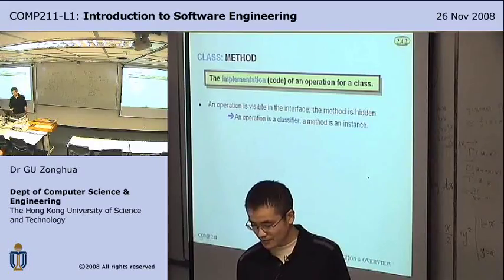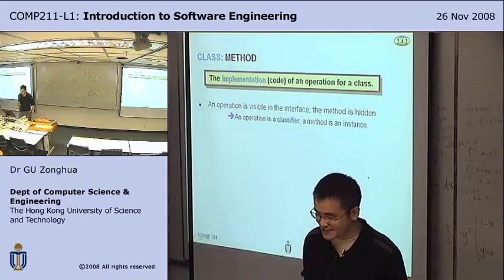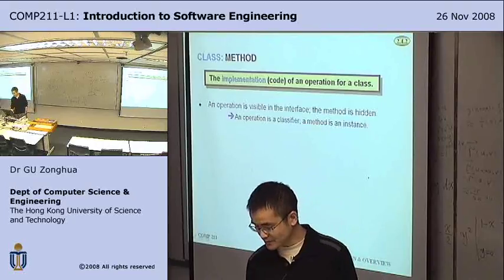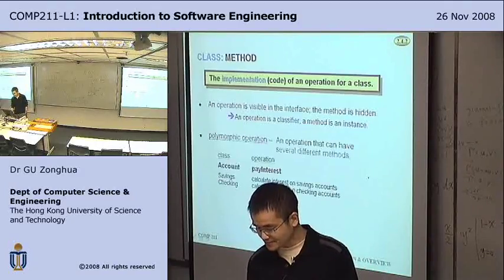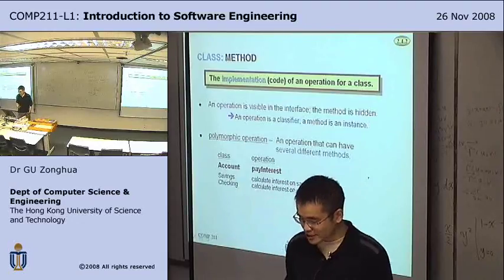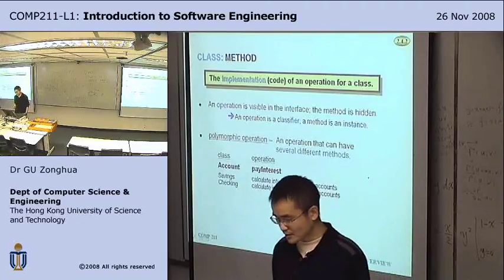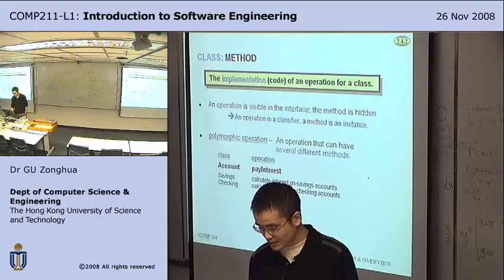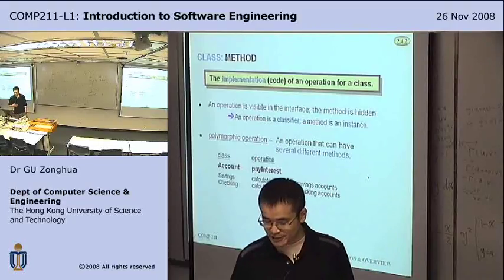So it's a classifier-instance distinction. One operation may have multiple methods behind it. So a polymorphic operation is an operation with several different methods. Say account has an operation pay interest.